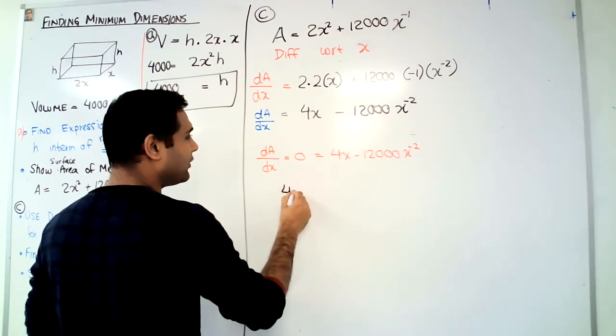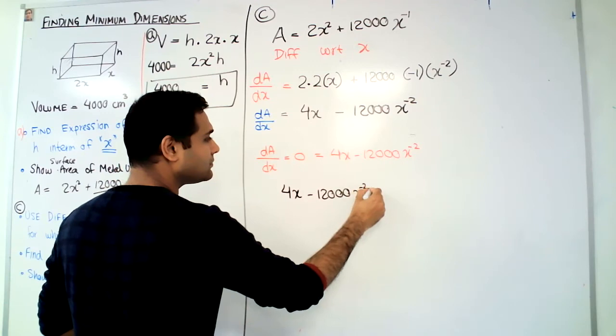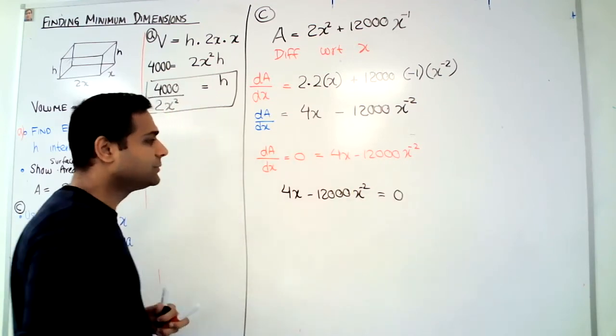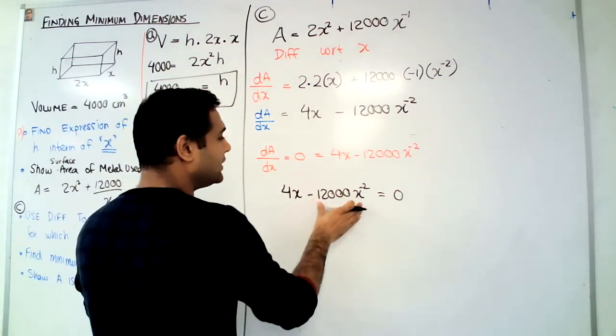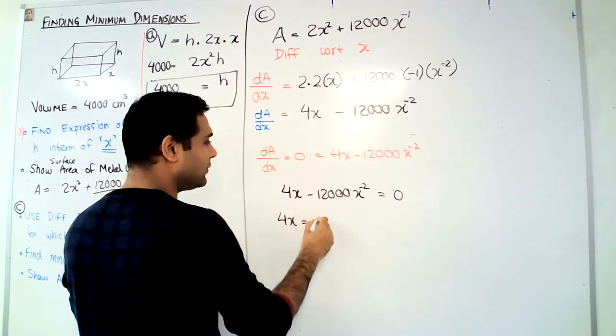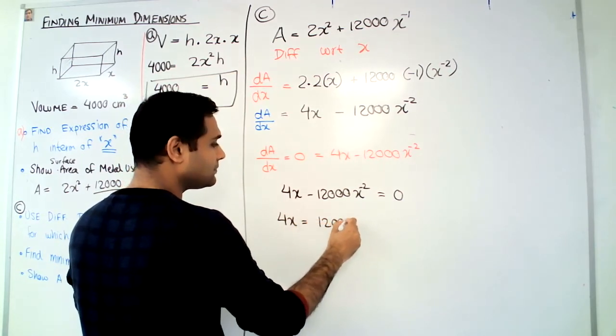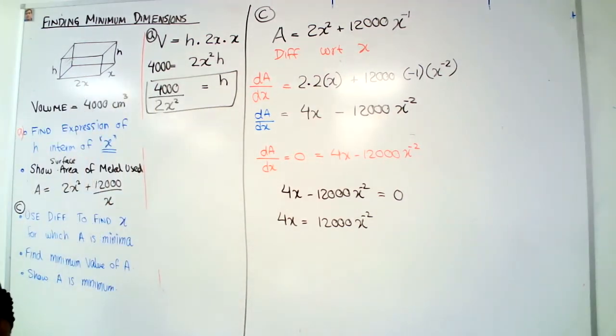So I've got 4x minus 12,000 x to the minus 2 equals 0. What I can do is move this whole thing to the other side. So I get 4x equals 12,000 x to the minus 2.